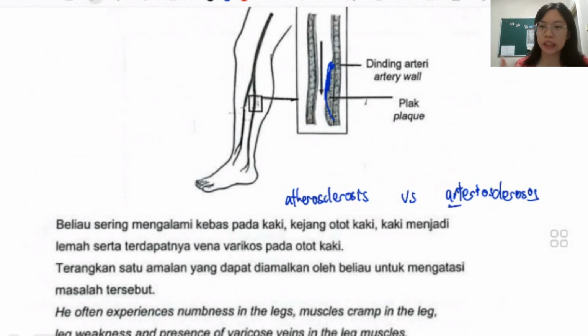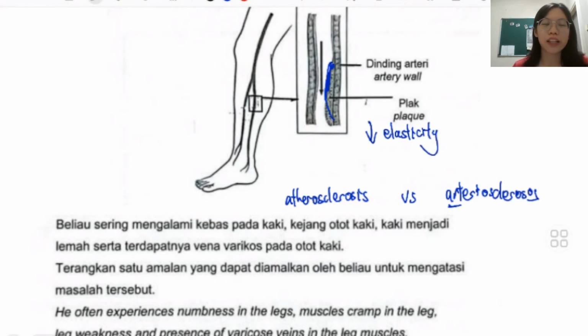Arteriosclerosis is the further stage, because calcium starts to deposit, which will reduce the elasticity of your artery wall.